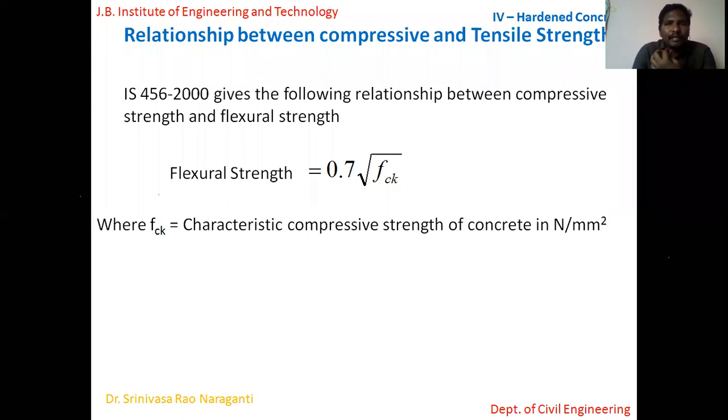Because you design in the classroom or in the office, assuming M25 grade concrete, and at the site, if because of bad workmanship they are not producing 25 MPa after 28 days of curing, then the whole design will be wrong, right? So you will not get the desired strength.